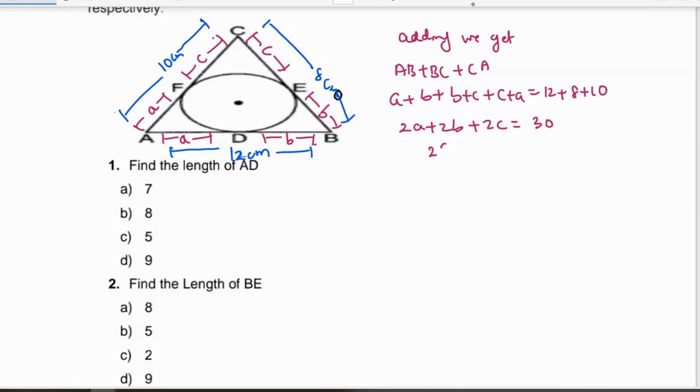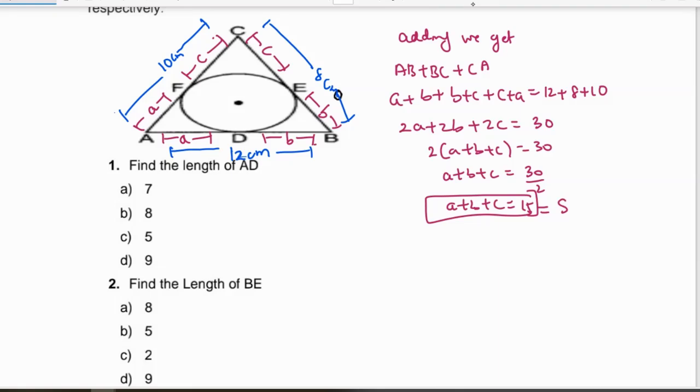Here 2 is common, so a plus b plus c equals 30 divided by 2, which is 15. This is nothing but what we call s, the semi-perimeter of the given diagram.